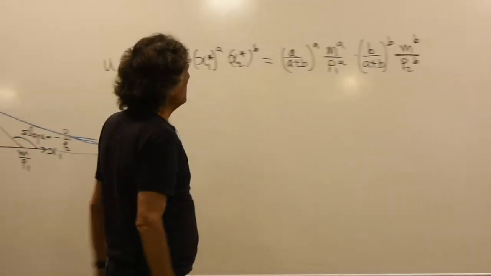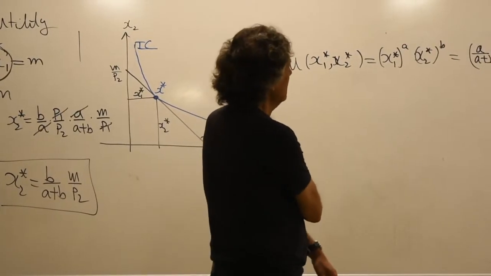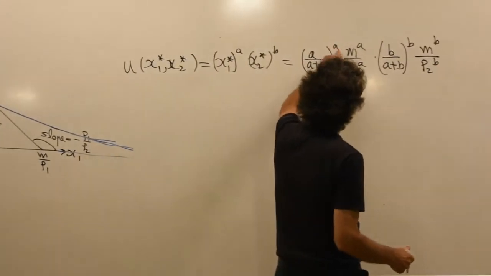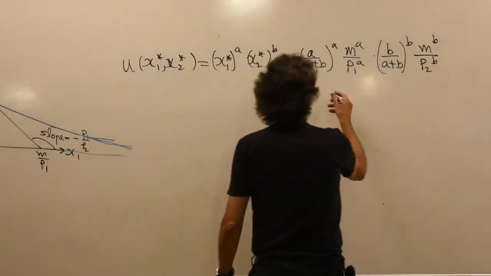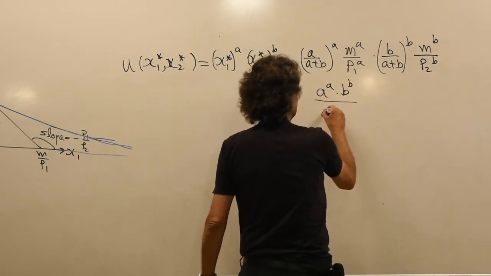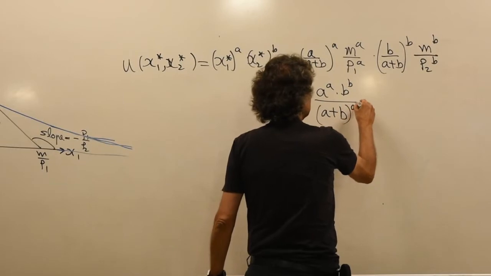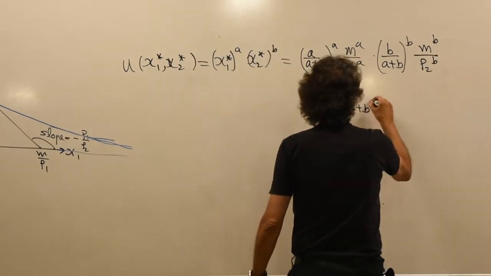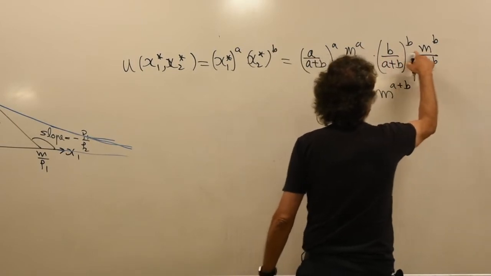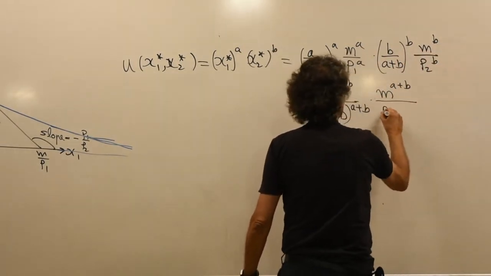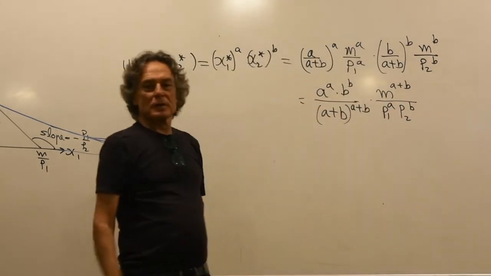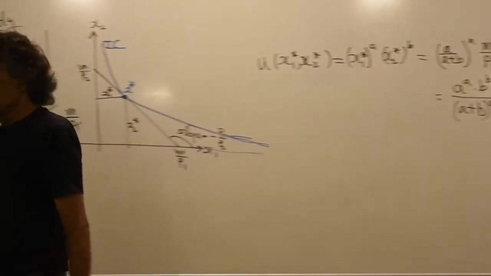So you can compute and find out what it is. A over A plus B has power A and B over A plus B has power B, so this is A to the A times B to the B over A plus B to the A plus B, and here I have M to the A plus B, because M to the A times M to the B, and here I have P1 to the A, P2 to the B. By the way, it is not really important, but just as an exercise.